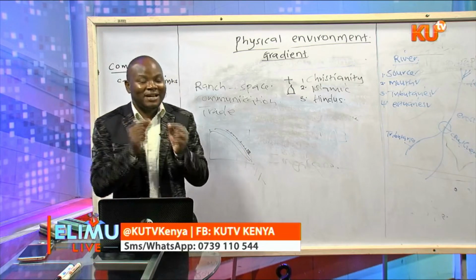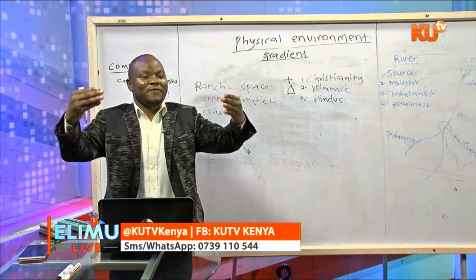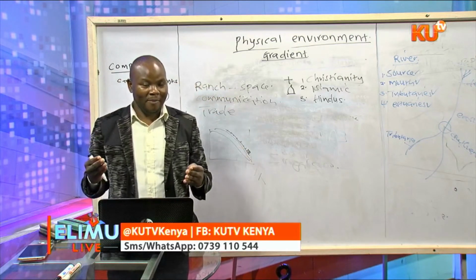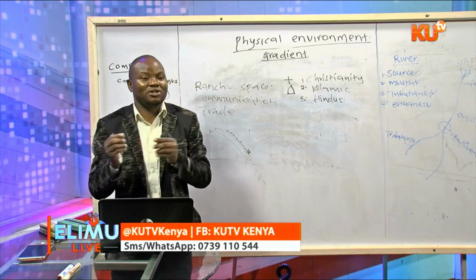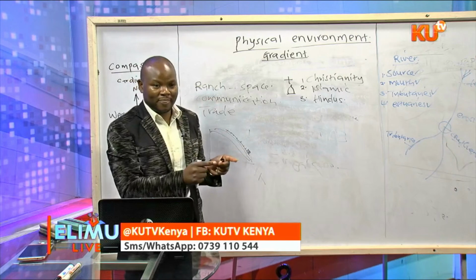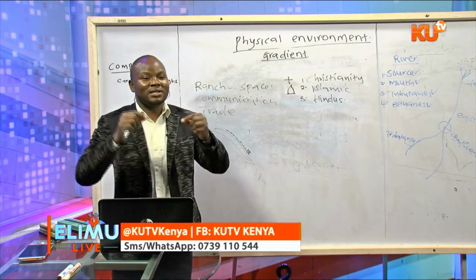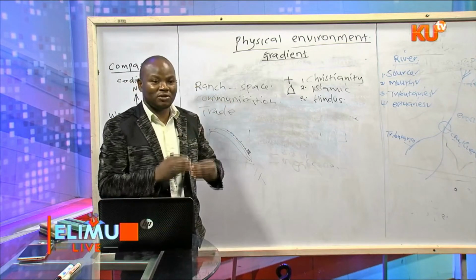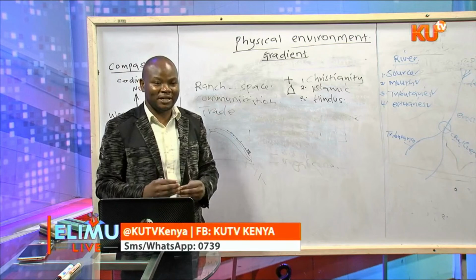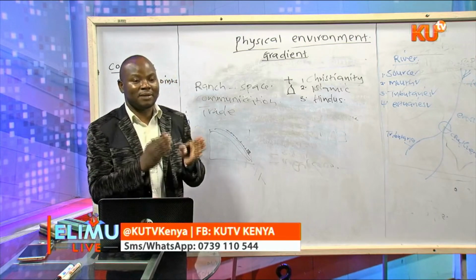The governor's office acts as the highest administrative office in that area. But you have the government appointee. Of course, the government appointee is going to be the county commissioner. Then within the sub-county, it is the sub-county commissioner. It trickles down up to the village elder and the sub-chief, who are responsible for the sub-location.